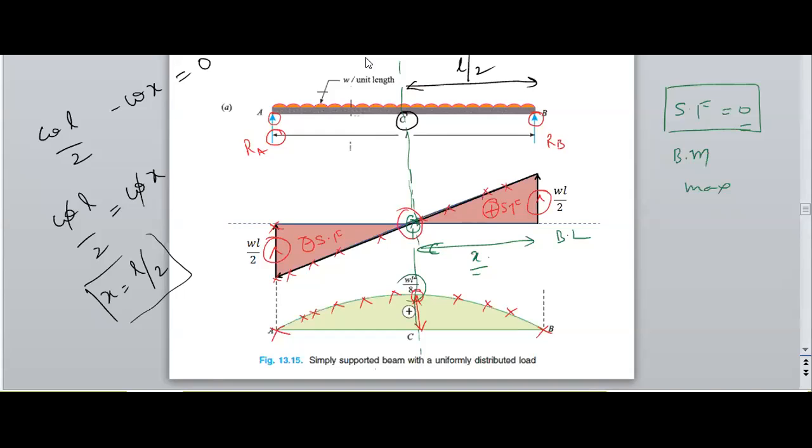span of the beam. So if you see here, the beam has a UDL of small w over the entire span, that is, the entire length. The load is applied, and we need to find the reaction forces RA and RB initially.